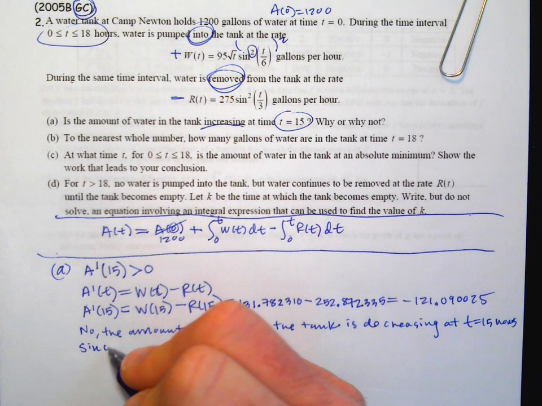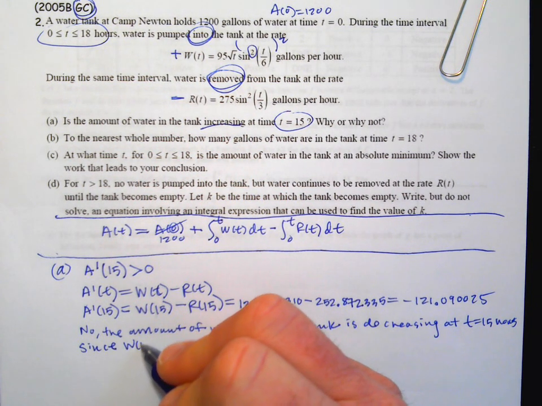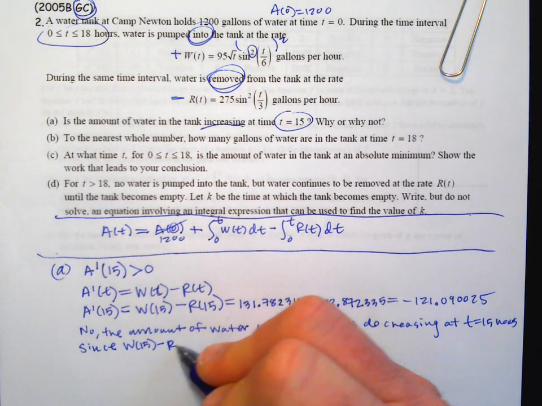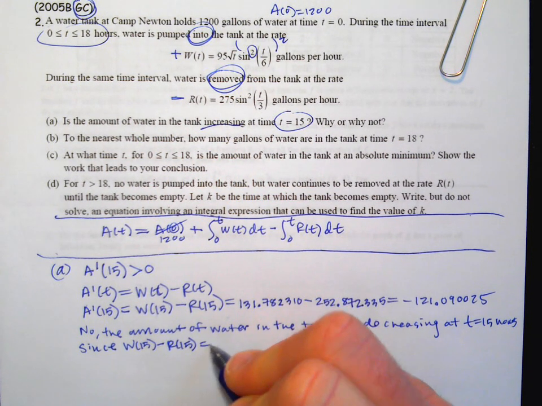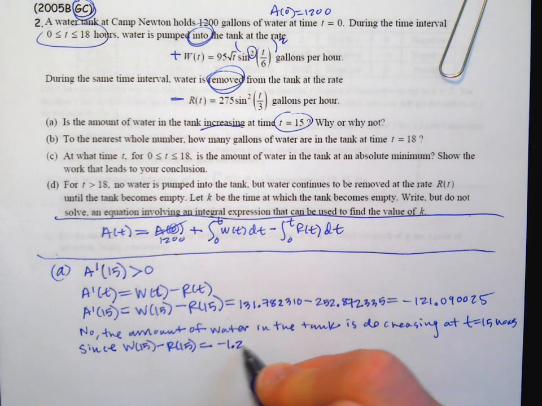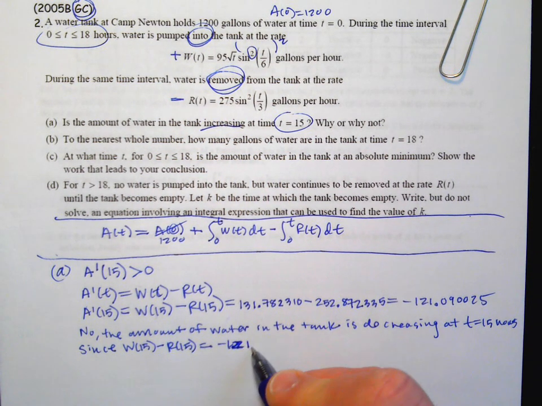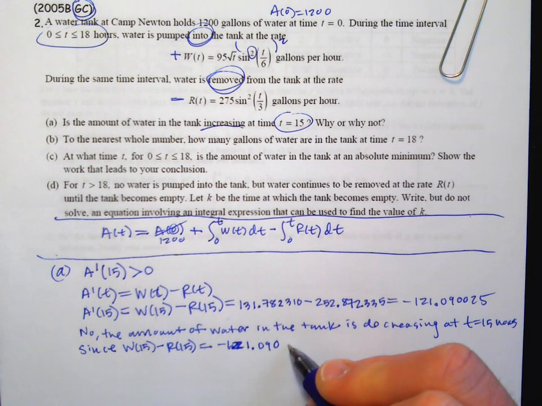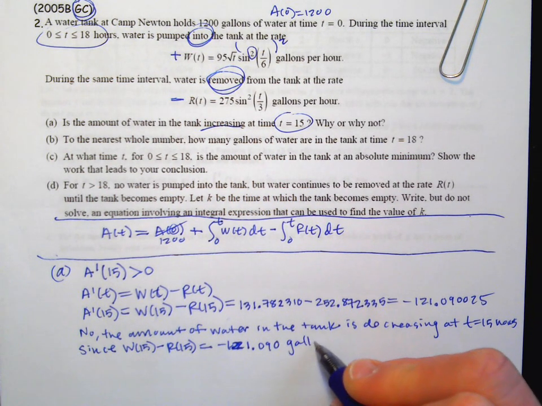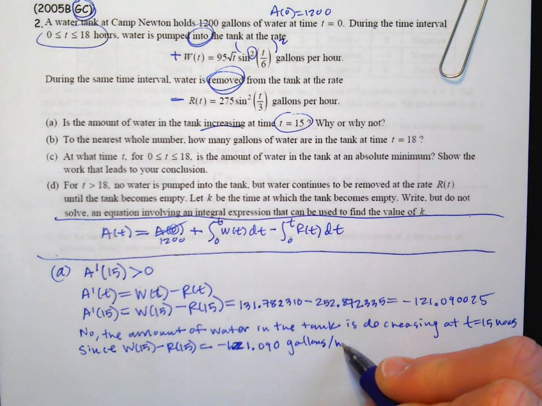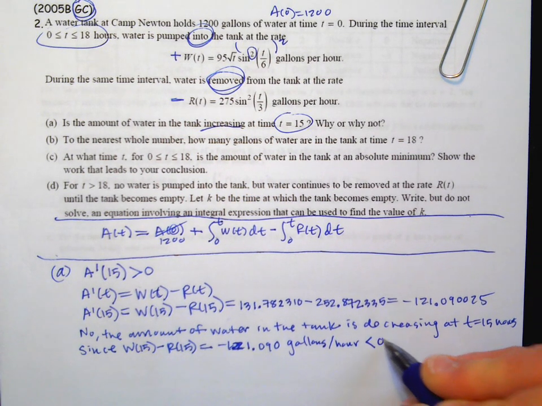since W(15) minus R(15) equals negative 121.090. We can even put the units here. Gallons per hour is negative, something like that.